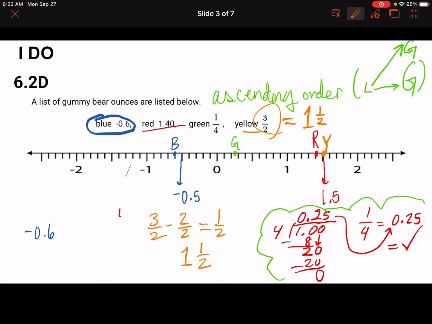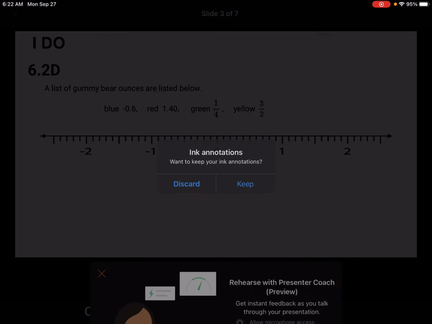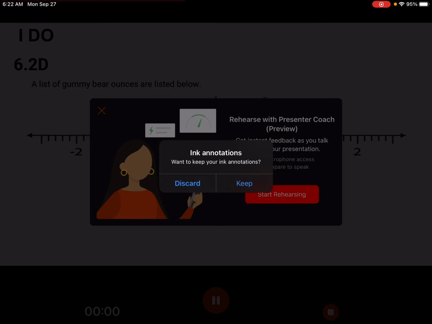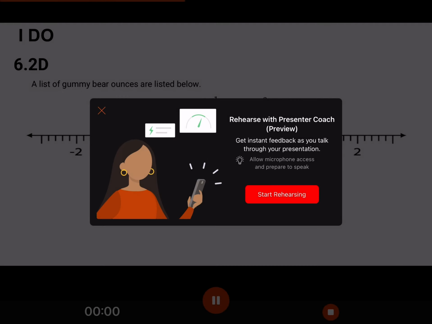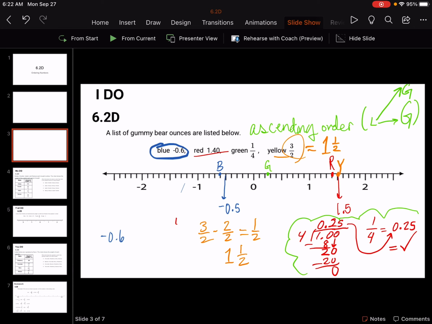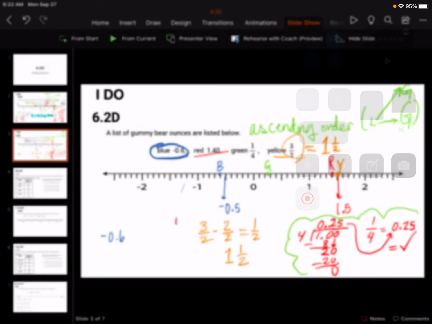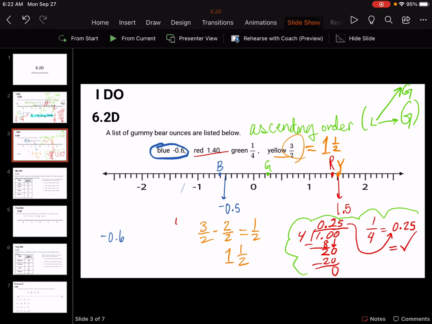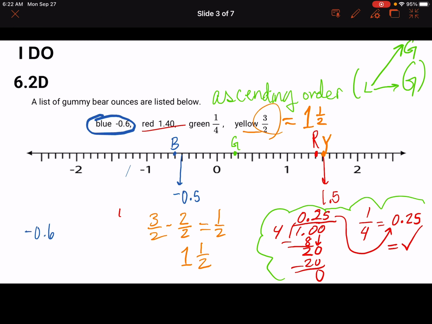Remember, we're going in ascending order. So we're going from least to greatest. So after blue comes green.